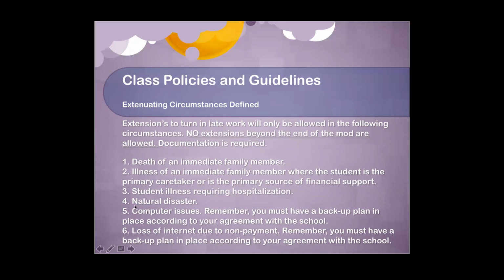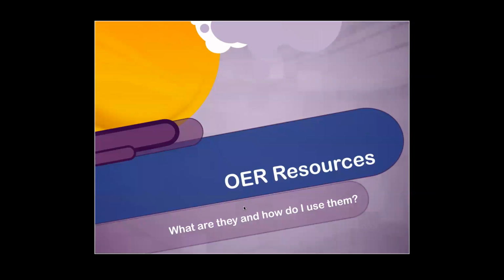These here, computer issues and loss of internet due to non-payment. Huh. This is kind of interesting. I'm glad to know that these are here. I've always wondered what our policies were on that. Computer issues and loss of internet.